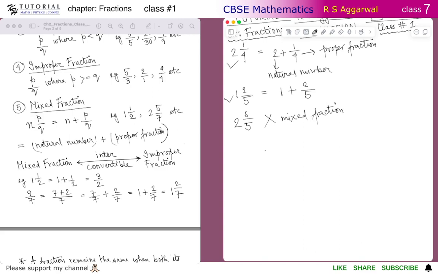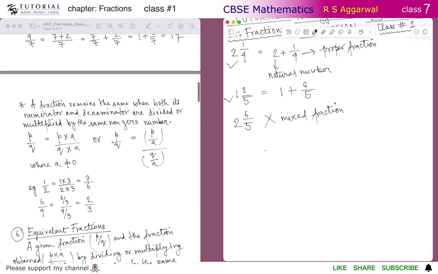You can write 9 by 7 as 7 plus 2 by 7, and then if you split into two parts, you will get 7 by 7 plus 2 by 7, which is 1 plus 2 by 7, and 1 is a natural number and 2 by 7 is a proper fraction. So you can always convert a mixed fraction into an improper fraction and an improper fraction into a mixed fraction.